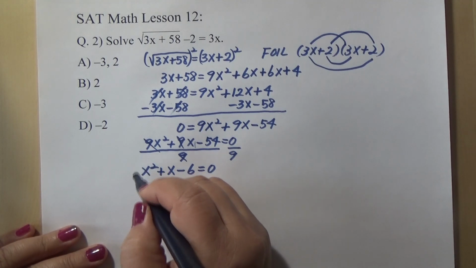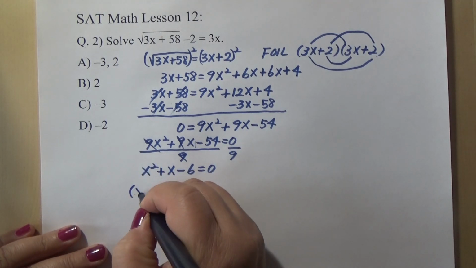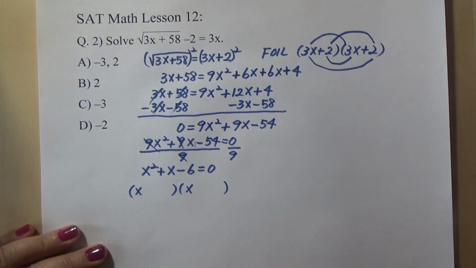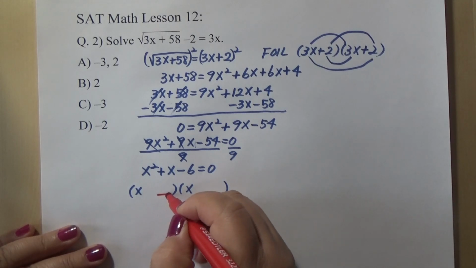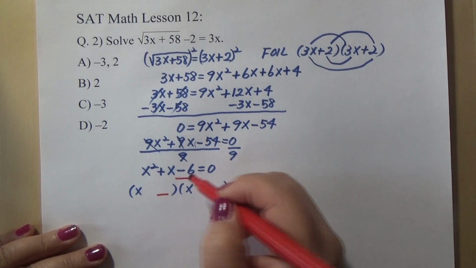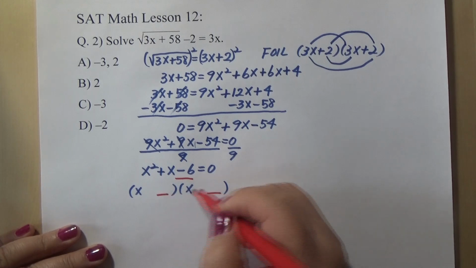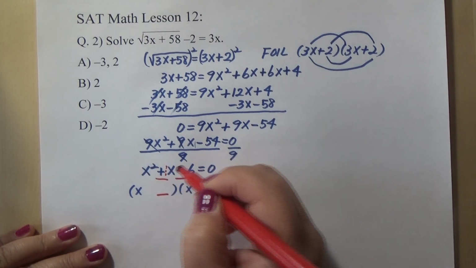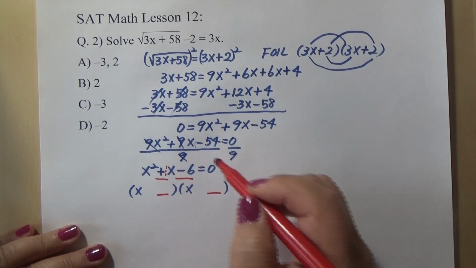The leading coefficient is 1, so we can say x and x. And we have two numbers here. Negative 6 is the product of these two numbers. And the positive 1, the 1 is hiding here.